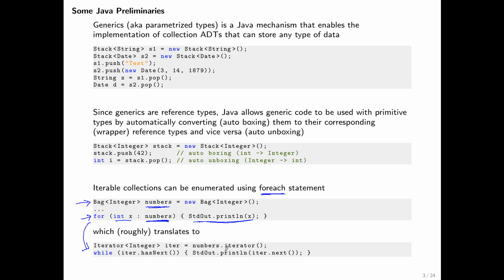Okay, this is something that we are familiar with. Because since numbers is iterable, it supports the iterator method, and that returns an object of type iterator. Now iterator itself supports two methods, hasNext and next, okay, which is what are used here. Okay, so let's continue.